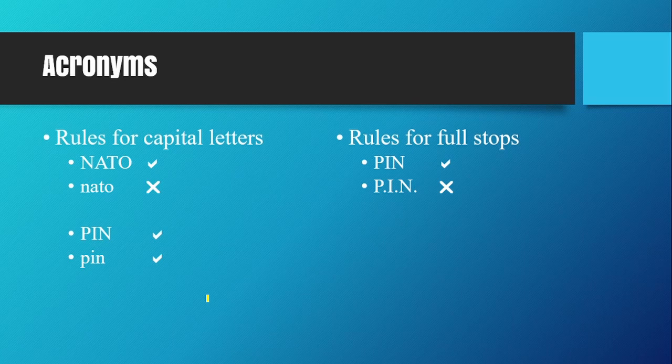And also NATO is a kind of official organization, therefore we have no choice to write it in small letters. So NATO in capital letters is correct, and NATO in small letters is incorrect, because this is a kind of organization, and also the first letters in the full version are capital letters.